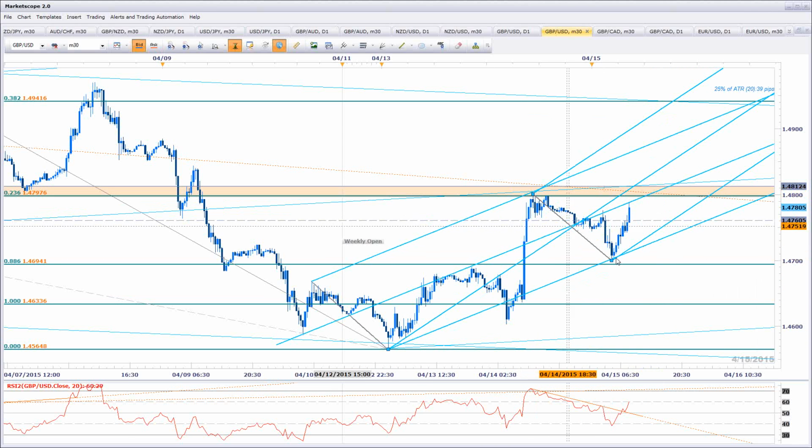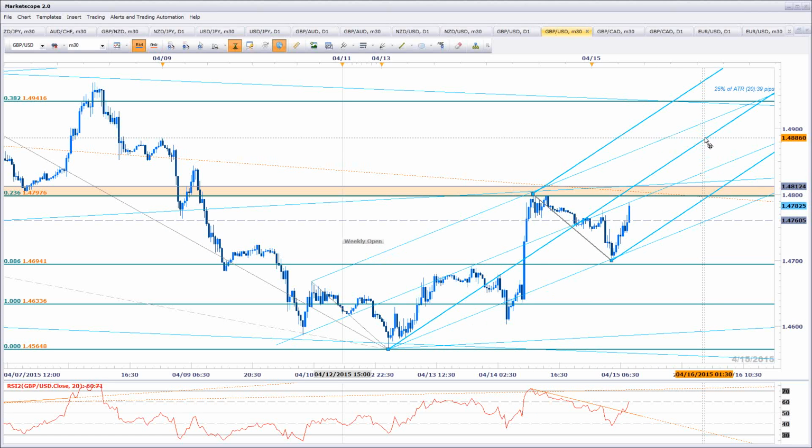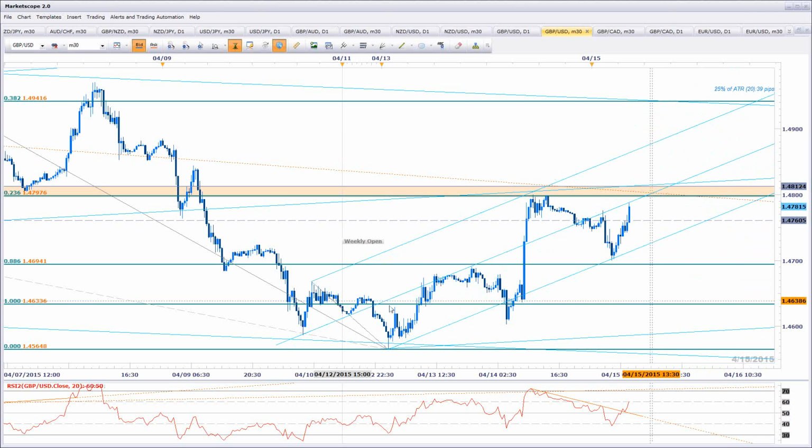They've never been tested yet, so we haven't really seen a test of this slope. So a lot of times, Tuttle, the slope will develop like this, and then it will start to sharpen, and we'll actually adjust it or modify it to this one. So it could be in play right now. I think this is going to be the better representation just on what we've seen price action doing over the last 42 hours or 48 hours.